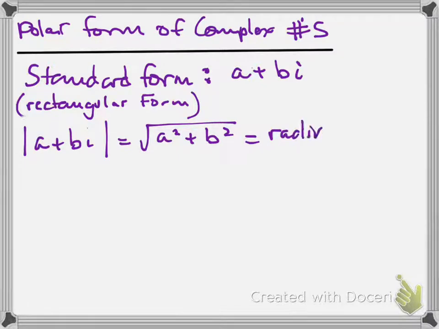Does anybody remember the other values we gave to it? The absolute value is called the radius. It's called the norm. It is the hypotenuse of the triangle form of that. It's called the magnitude of the number. Another one, in vector form, it's also called the modulus of the number. Okay, so lots of different names for the same thing.